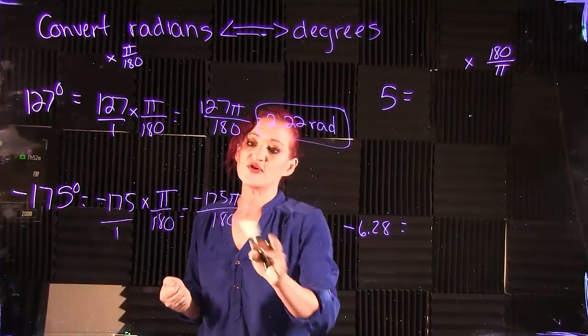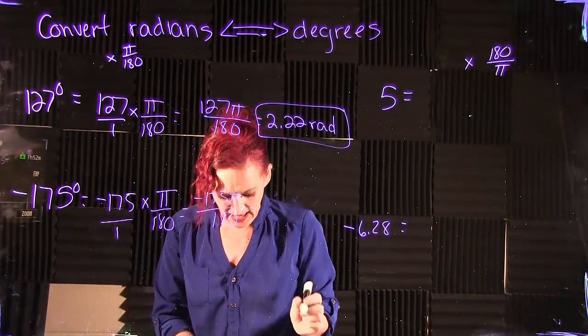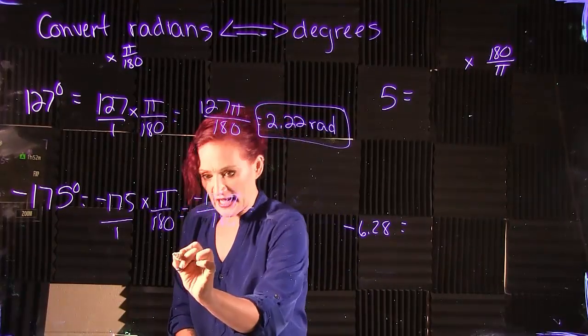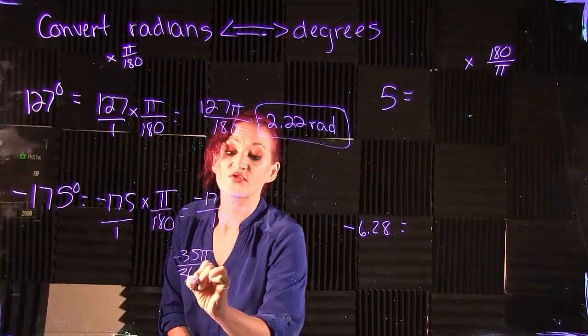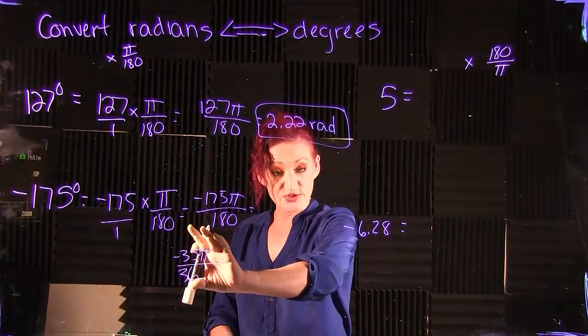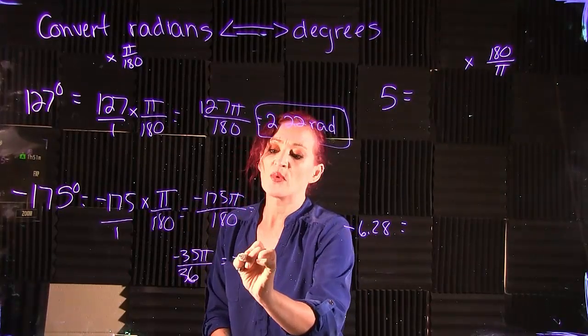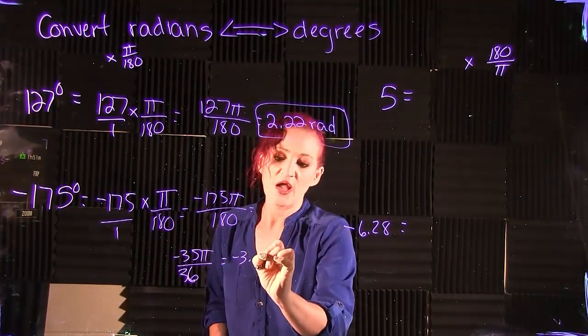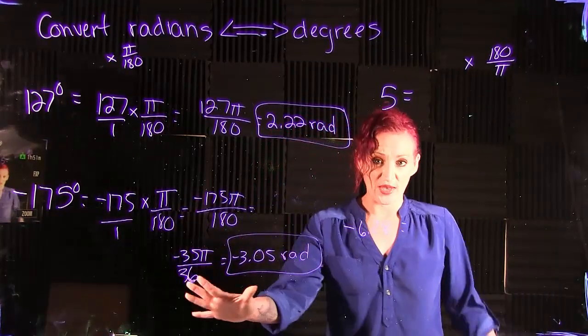If you do negative 175 times pi and divide that by 180, you're either going to get a reduced fraction of negative 35 pi over 36, or if you simplify this down to a decimal, we are looking at negative 3.05 radians when we fully convert that.